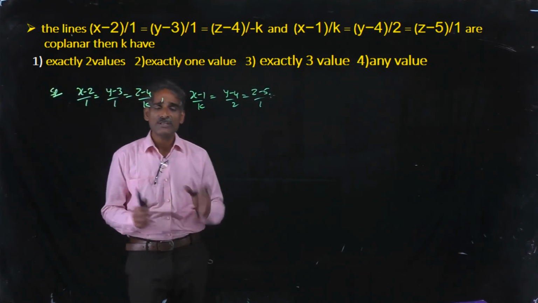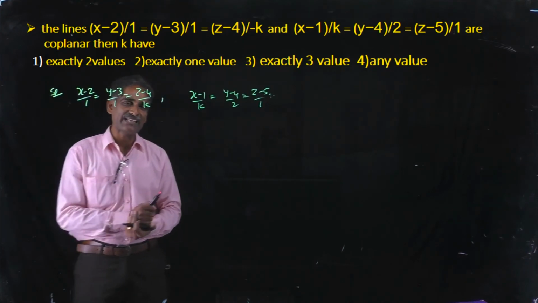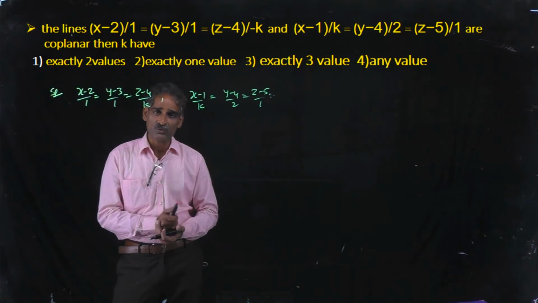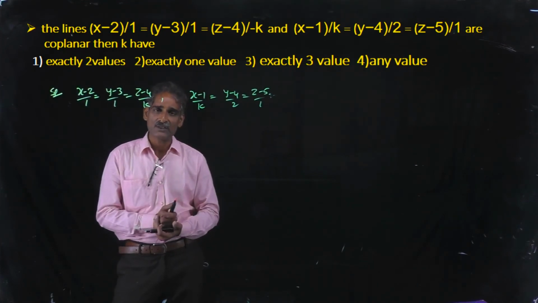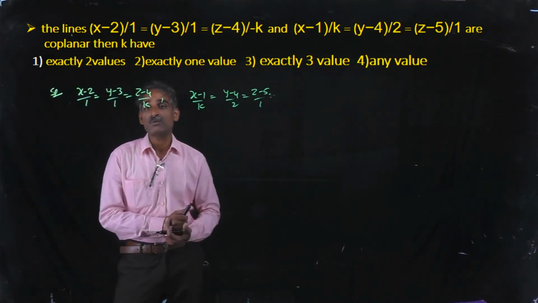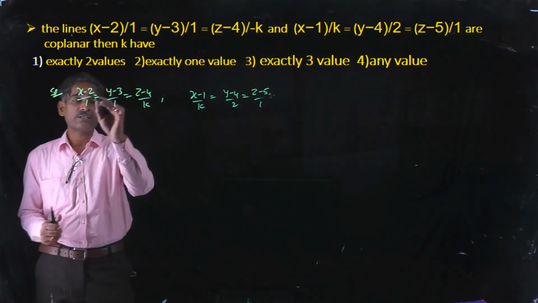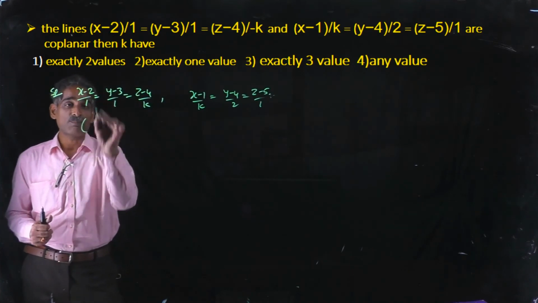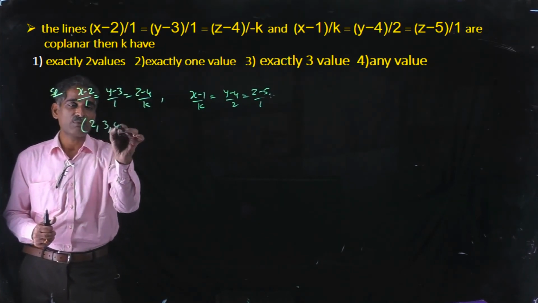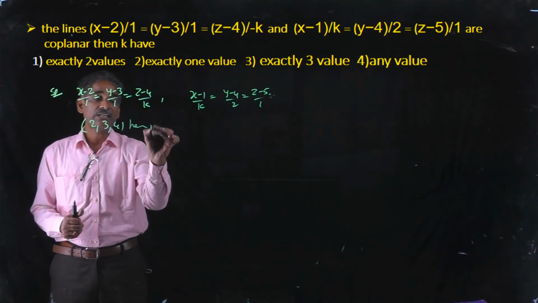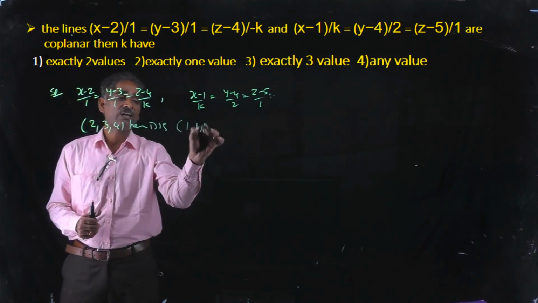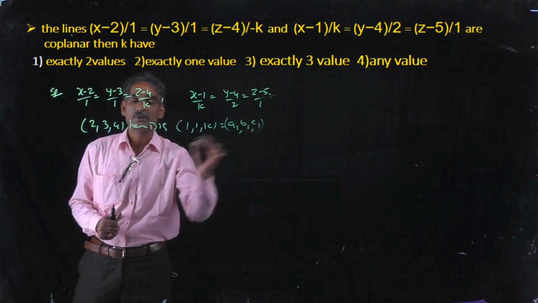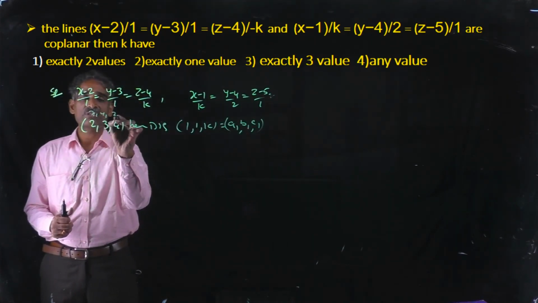Okay, so here we have to find out the DRs of the three lines. If you know the DRs of three lines and they are coplanar, then the determinant equals 0. So observe that the first line is passing through some point 2, 3, 4 and having DRs 1, 1, k. Let us take this equal to a1, b1, c1, and this point equal to x1, y1, z1.